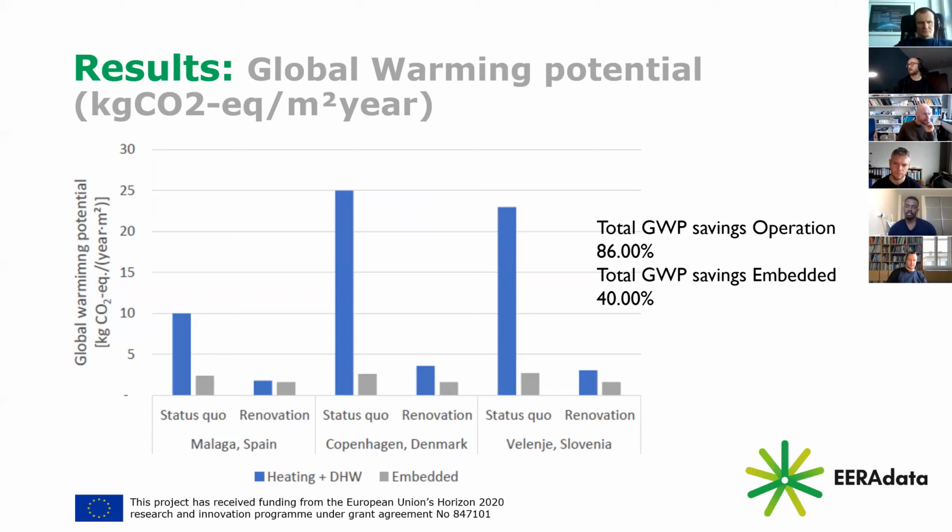You can see that in the countries that had a lot of energy consumption before, we reduce the CO2 emissions a lot. So we have a total global warming potential saving of 86%.